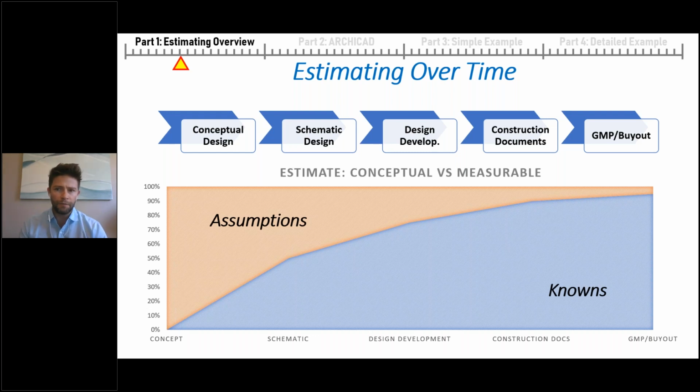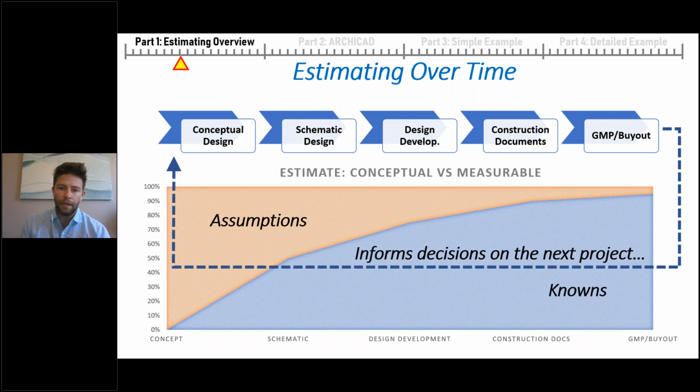But after you get through the entire workflow, having bought out the subcontractors and built the project, at the end of the day, it's really good to think about all the things that went into the project, and do a post mortem on the project, and try to understand the overall outcome, and then take those lessons learned and use those to inform decisions on the next type of project.